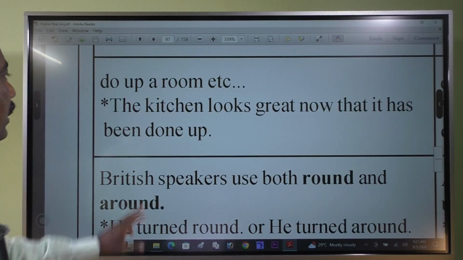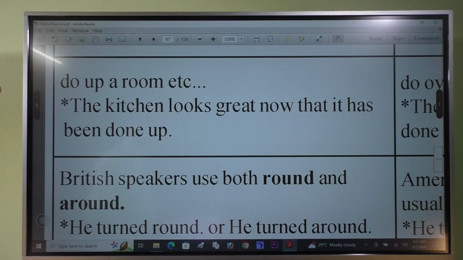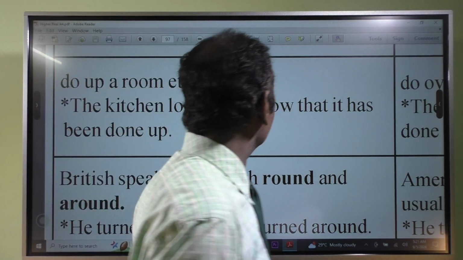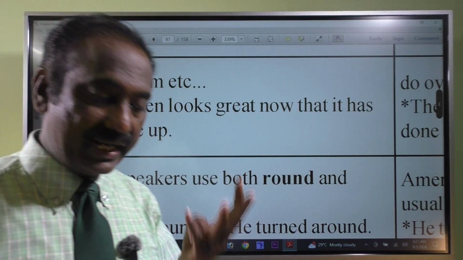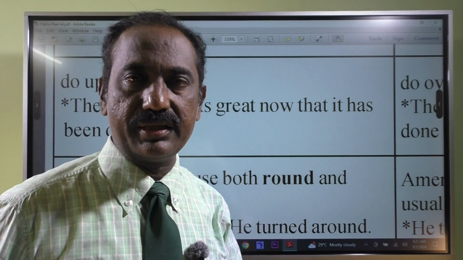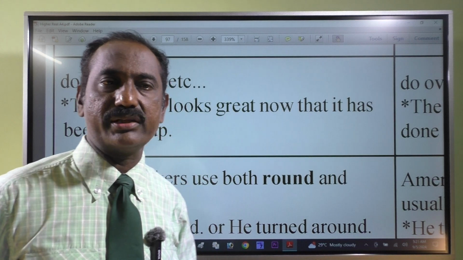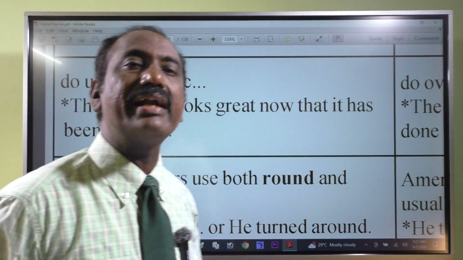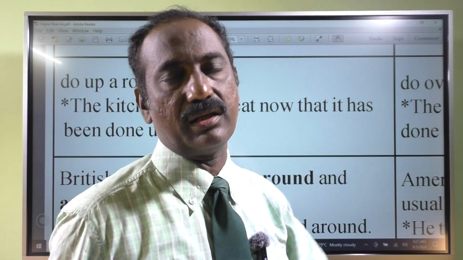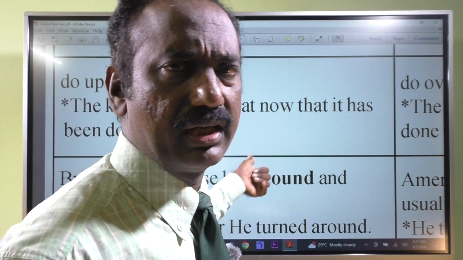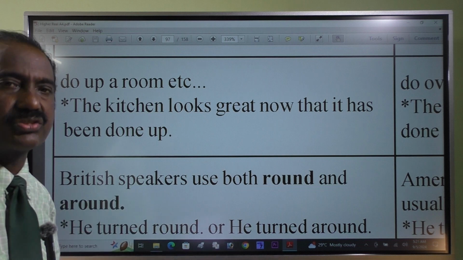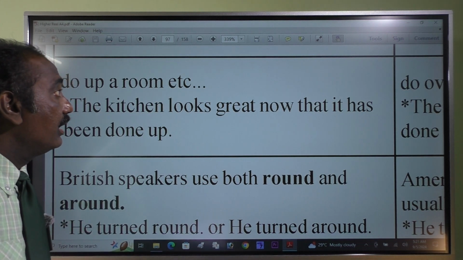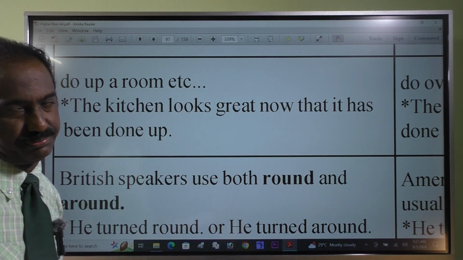Okay, here also, the kitchen looks great now. These are all very useful things for IELTS, TOEFL, GRE, for people who would like to take English entrance tests to enter into other exams, and for competitive exams also, these are usually asked. Listen, the kitchen looks great now that it had been done up.